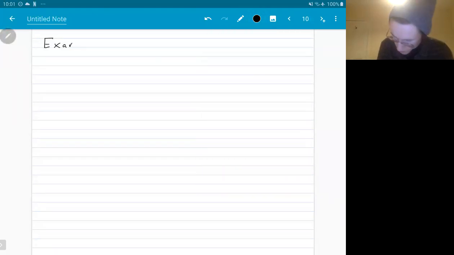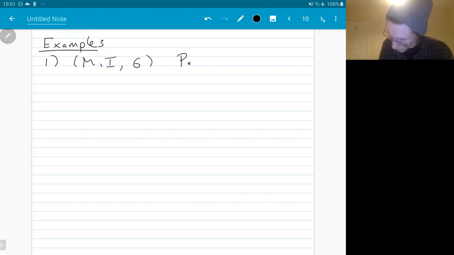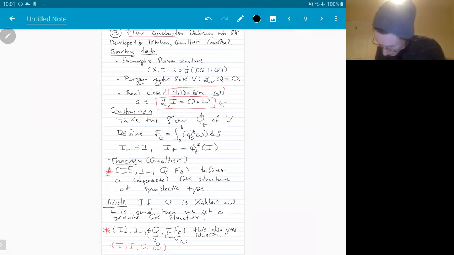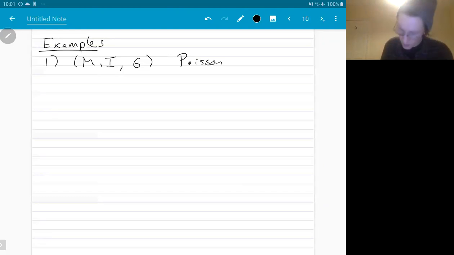I want to give just the most basic example first, where I'm going to start again just with a holomorphic Poisson structure. The question is, of course, how do we produce these structures, the vector field and the real closed form that satisfy this equation? One way of doing it is quite simple.